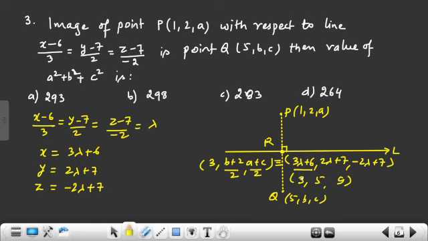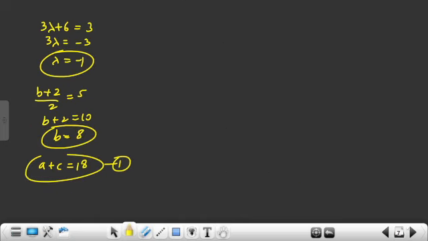So now let's find the direction ratio of PR. It's very nice, very rhythmic.